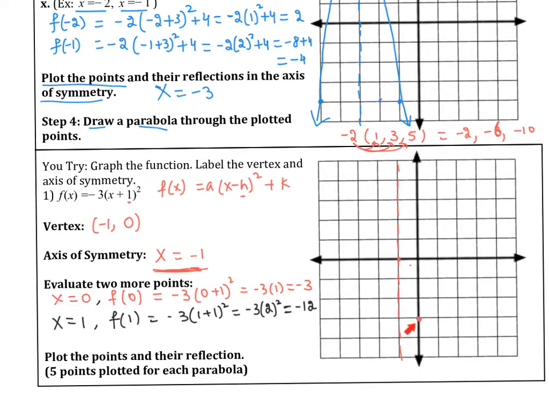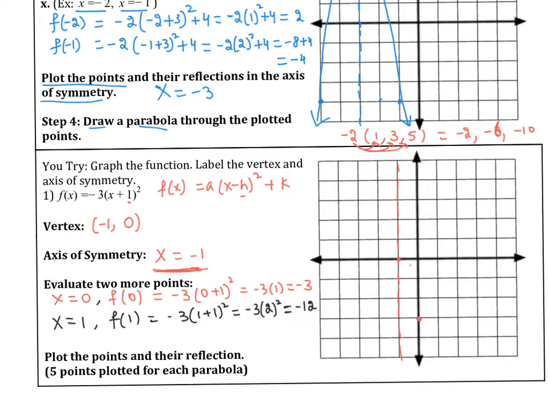So (0, -3), and the next point is going to be x = 1. You plug it in here for the x value. f(1) = -3(1 + 1)². 1 + 1 squared means 2 squared, and 2 squared is 4, times -3, and that is -12. My next point is (1, -12).